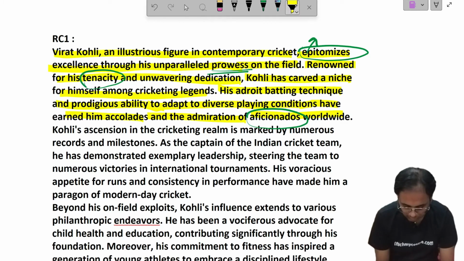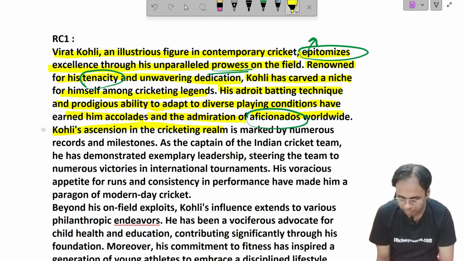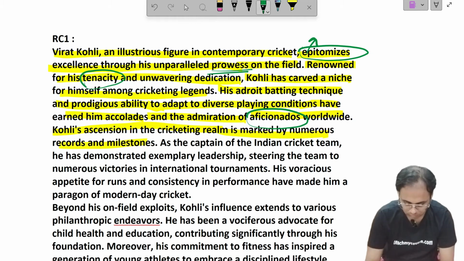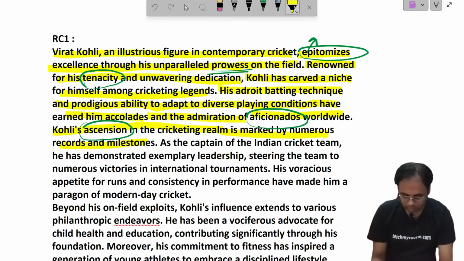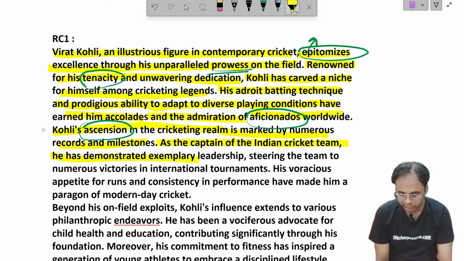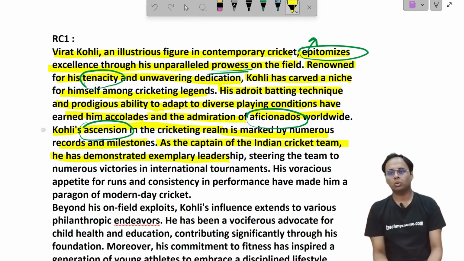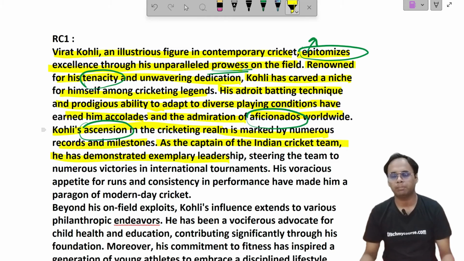Kohli's ascension in the cricketing realm is marked by numerous records and milestones. Ascension means going upward. As the captain of the Indian cricket team, he has demonstrated exemplary leadership. Exemplary means that he's so good that he can be given as an example, like be like Virat Kohli.